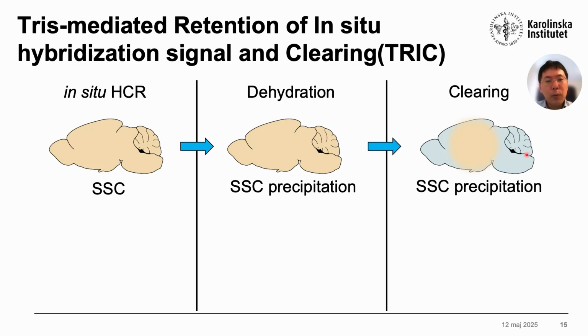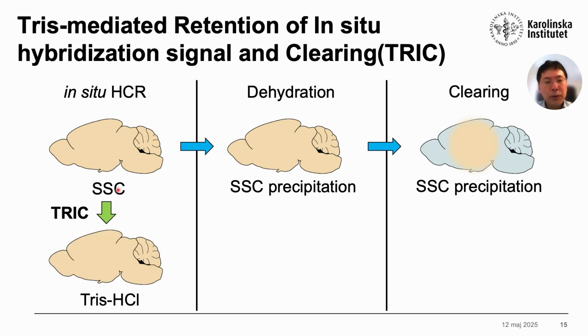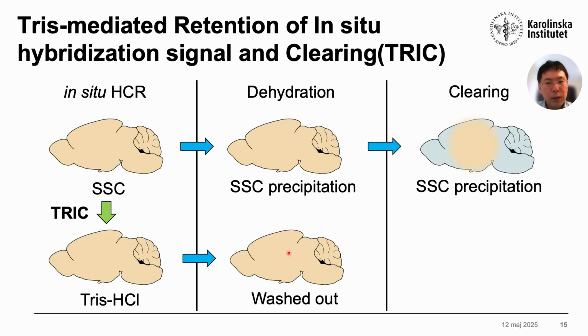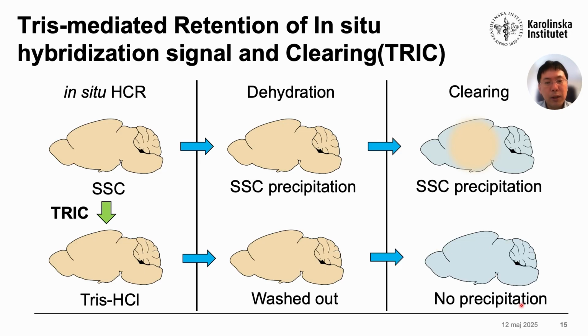This explains why the tissue didn't clear well, as we saw earlier. In TRIC, we washed the sample with Tris buffer because it not only preserves the DNA chain, but also dissolves during the methanol dehydration, thereby preventing precipitation. As a result, tissue becomes well cleared after tissue clearing.